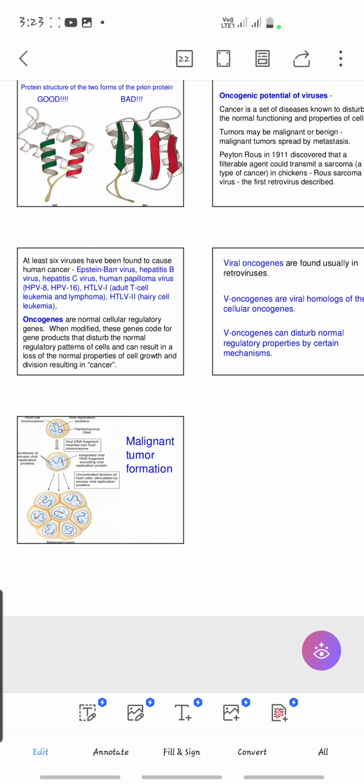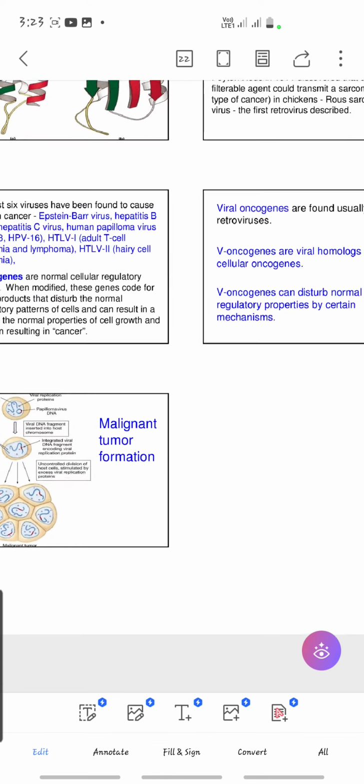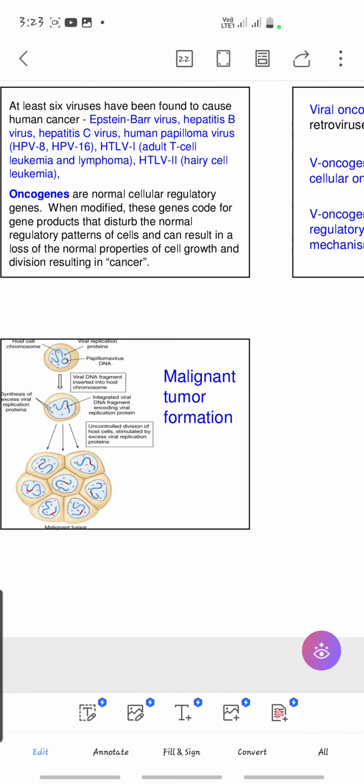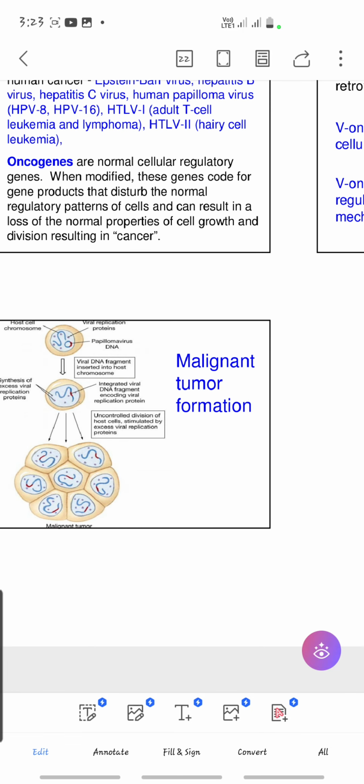One more illustration explains this. We have a malignant tumor formation. How does the tumor itself form? Okay, so that ends our discussion for this afternoon.